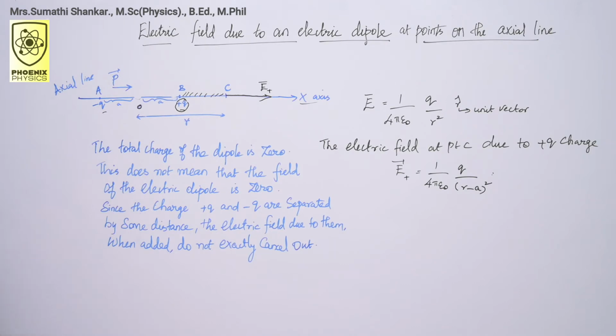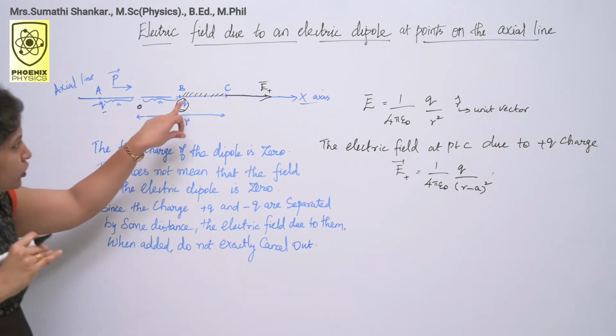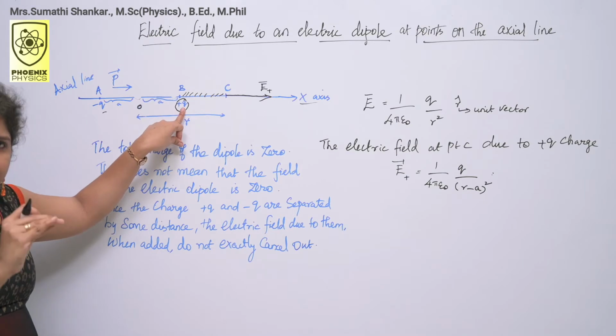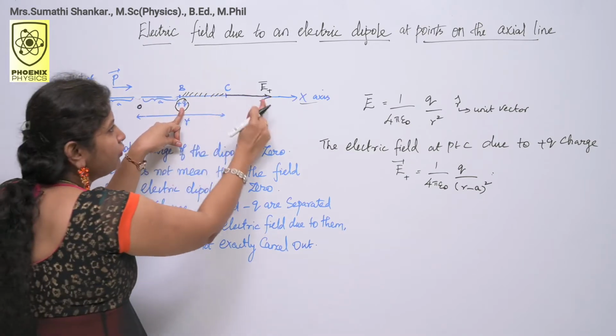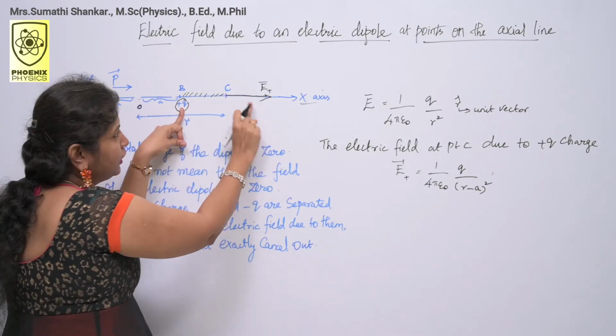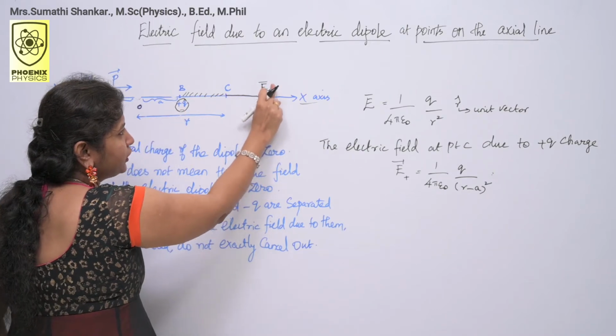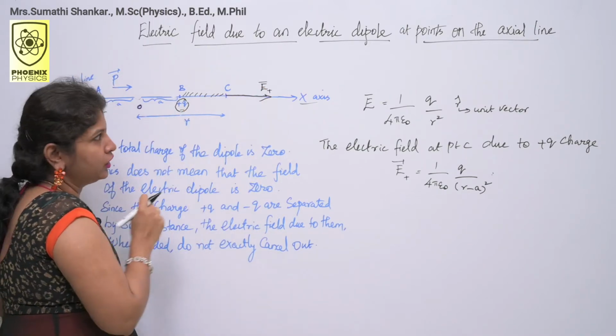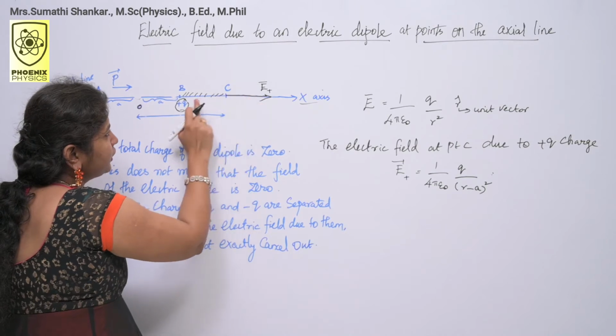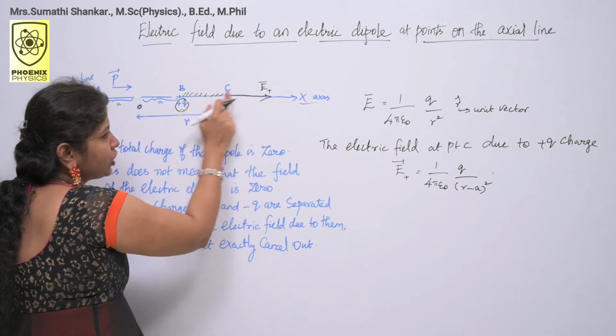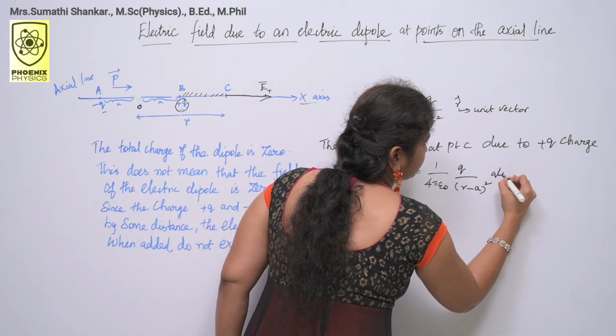Based on the rule. Which rule? If Q is positive, the electric field points away from the charge like this. So this is the electric field due to plus Q charge. So what about the direction? This E plus direction is along BC.